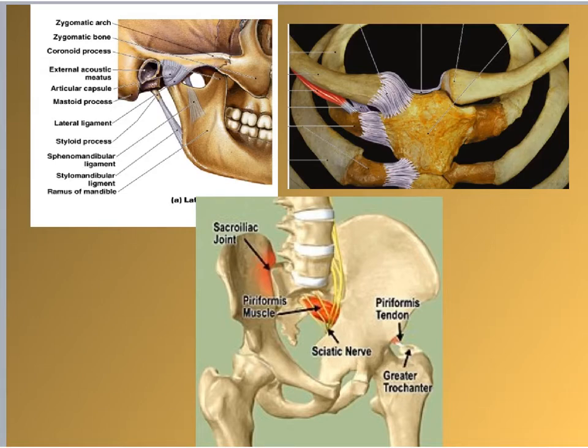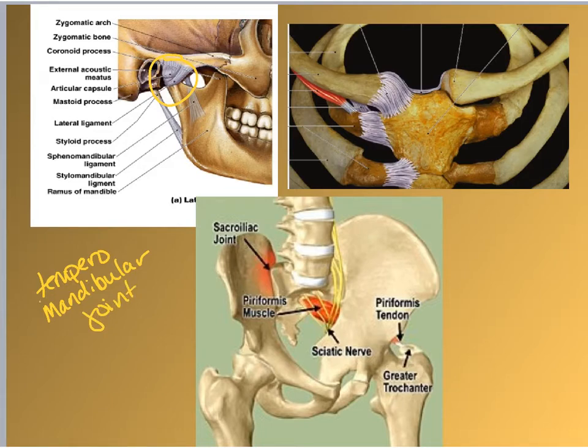So let's have a look here. If you have something called TMJ, that's a condition where you maybe grind your teeth, or perhaps you have an inflammation of this joint right here. That's called the temporomandibular joint.